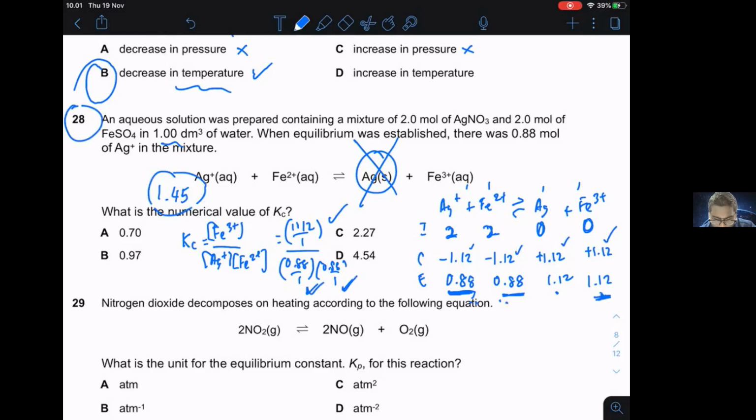Unless they are talking about a mixture of 2 moles and 2 moles of everything in 1 dm cube of water. Together they are 1 dm cube, no problem, divided by 1.